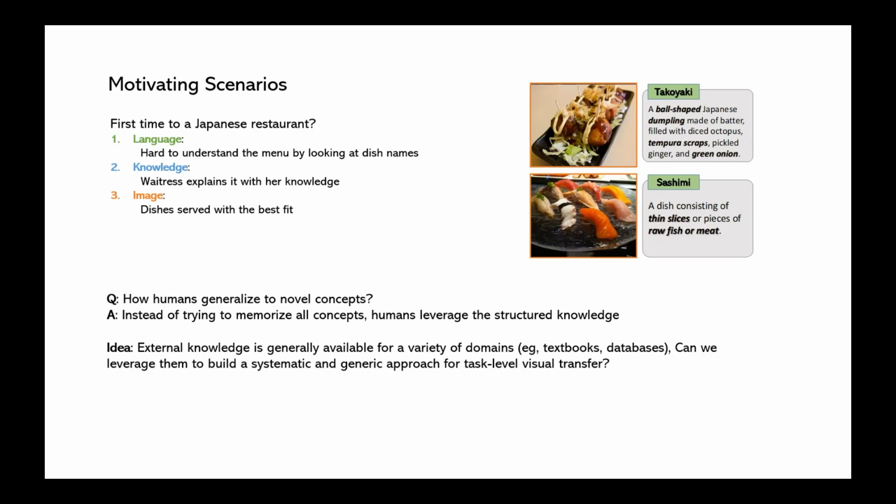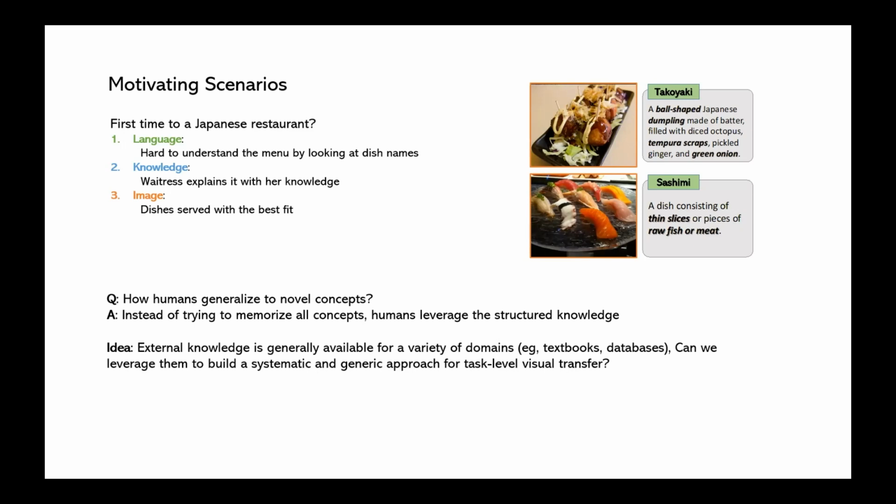After the waitress explains the concept using her knowledge, we may immediately have a better idea of the dish, and then we can order the correct dish we have imagined. You have seen that for us human beings, instead of trying to memorize all the concepts, we actually leverage some type of structured knowledge to efficiently adapt to new settings and new domains. Similarly, we are asking a question: can we borrow the idea for machine learning?